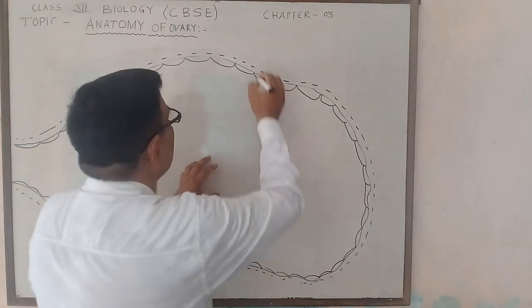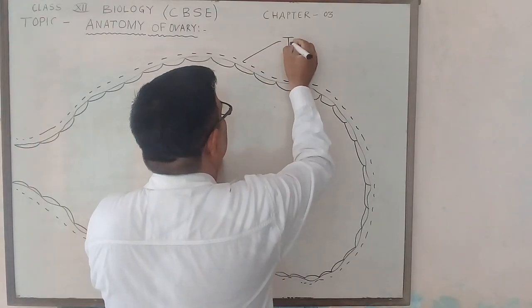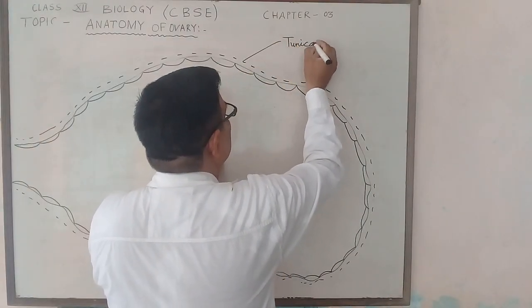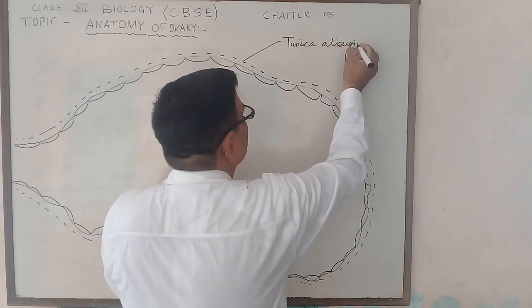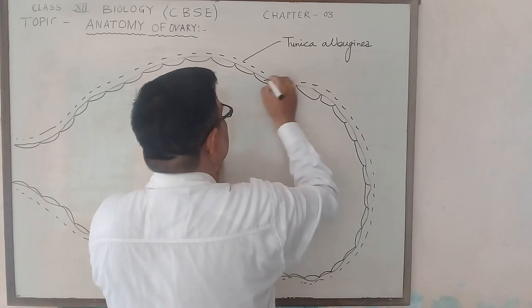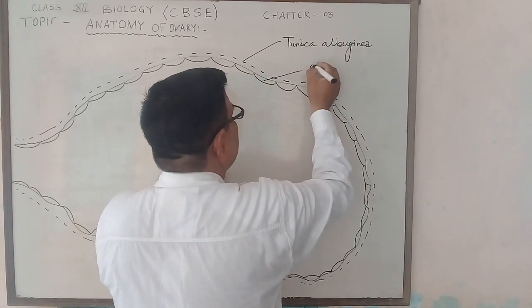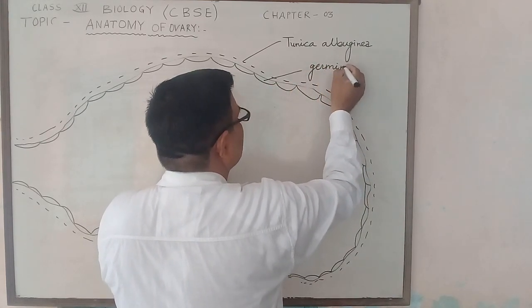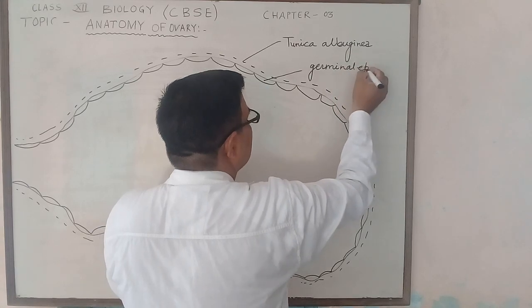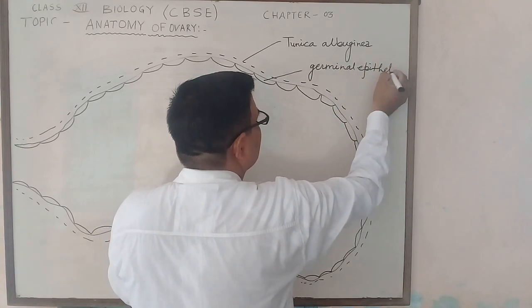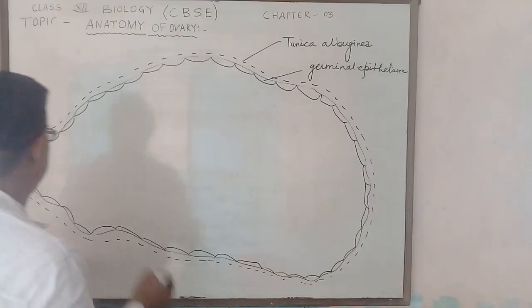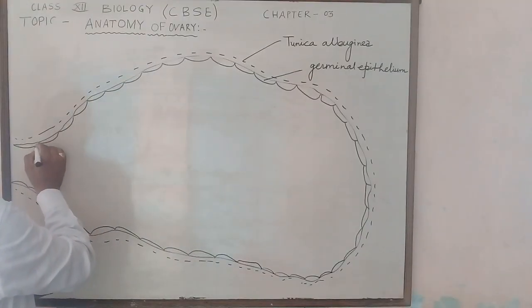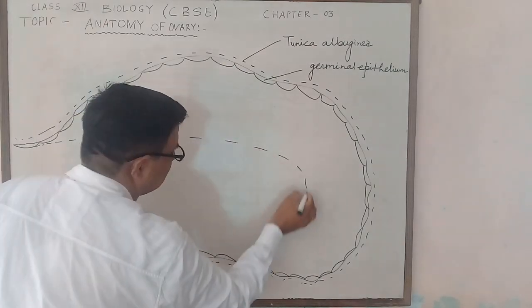Below this, the germinal epithelium is present. The total ovary has two parts.